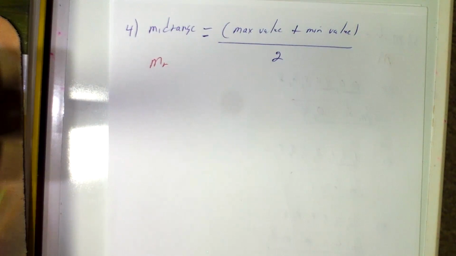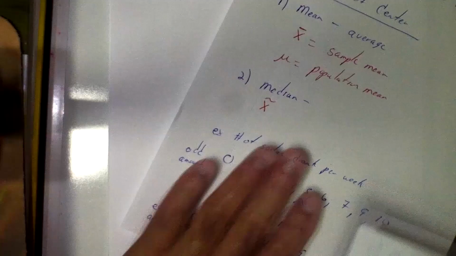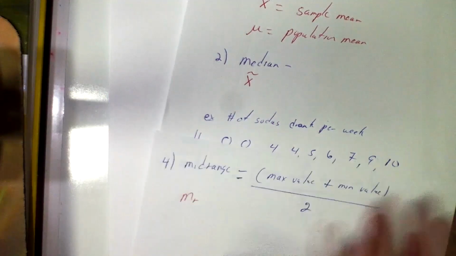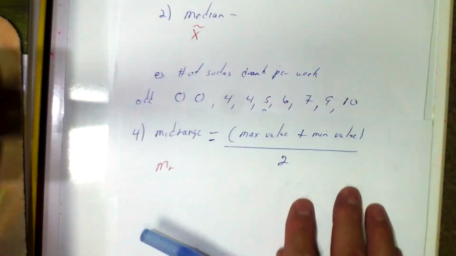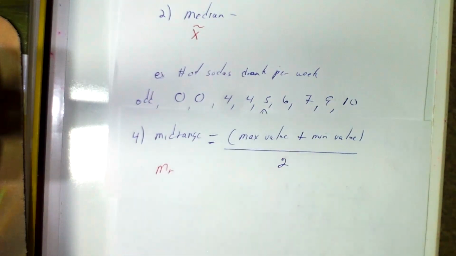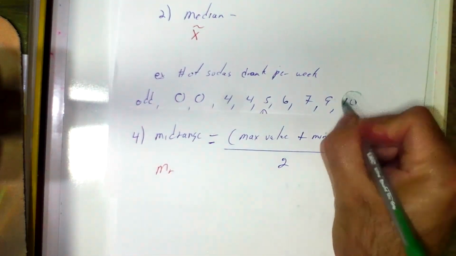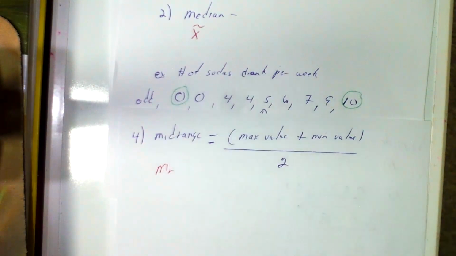So if we go back to our data with the sodas, I want to find the mid-range of our soda drinkers, because they are in order already. Here's my max. Here's my minimum.